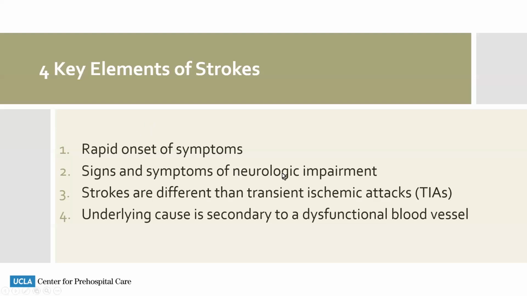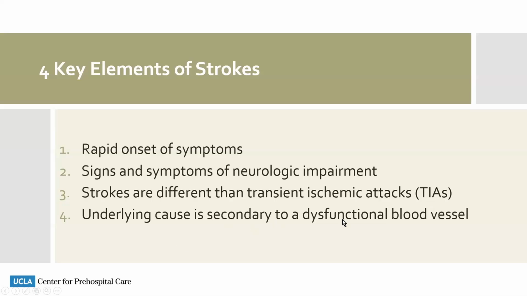They usually have signs and symptoms of neurological impairment. Like we were saying, their Cincinnati pre-hospital scale. You do that and you find there is some impairment. And strokes are different than TIAs, transient ischemic attacks. And I'll mention that in a little more detail in a minute.